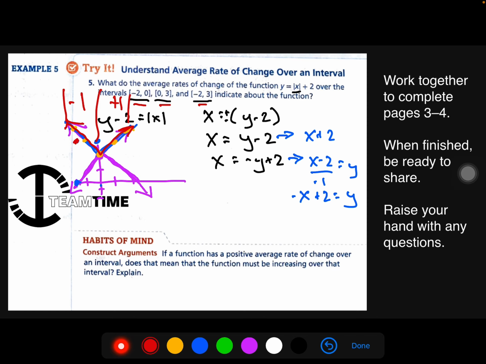These are isolated points. I mean, I suppose you could say that at x equals 0, the average rate of change is 0. At x equals negative 2 here, the average rate of change is negative 1. But why it's worded this way, I'm honestly not certain.